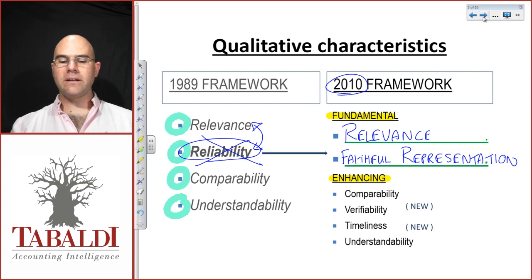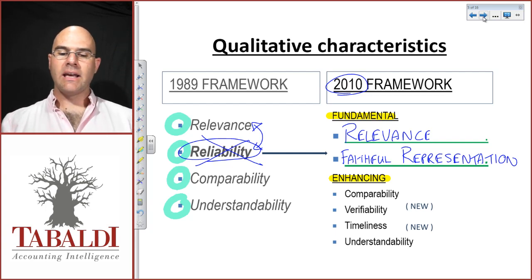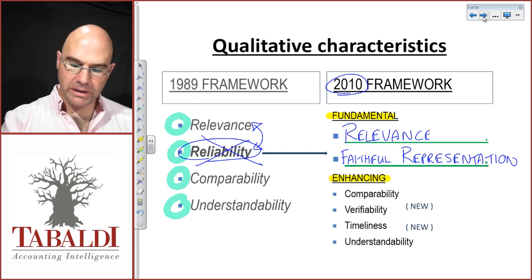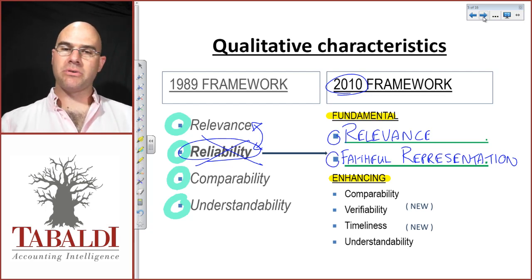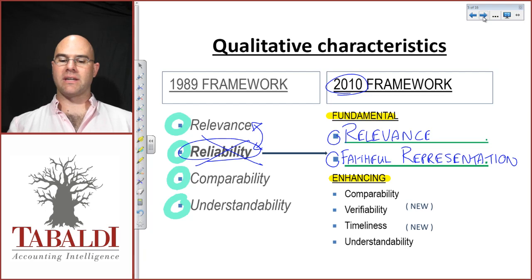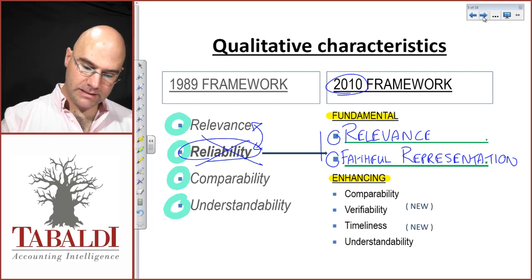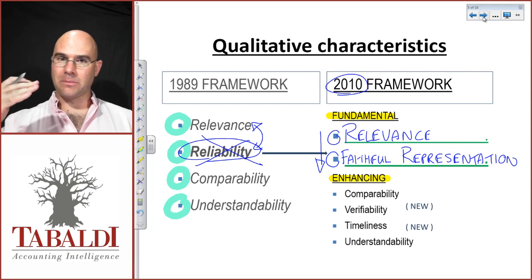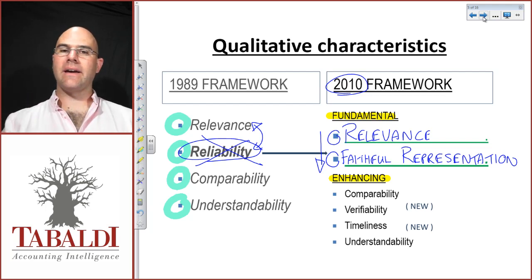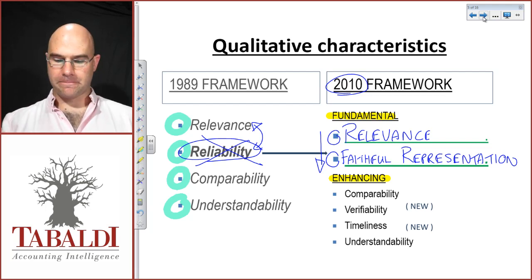Okay, those are the two fundamental characteristics, and in order for information to be useful, it must be relevant and it must faithfully represent what it purports to represent. Please take note, however, this is applied with relevance in the primary role, and then faithful representation being secondary.